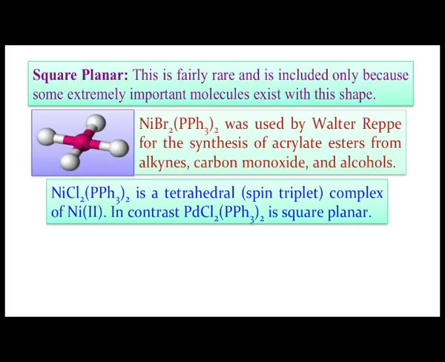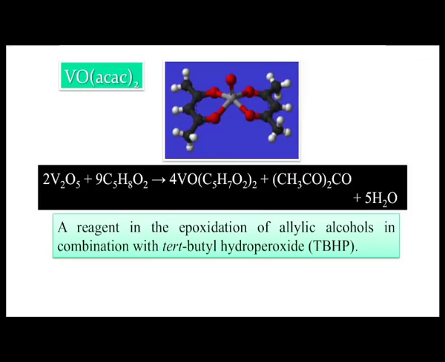You will have some theoretical justification also when we talk about the bonding in terms of valence bond theory and crystal field theory, but for now you can think of it as an experimental reality. If you do the reaction, we end up with this product which is tetrahedral in geometrical shape, and this will be square planar in shape.